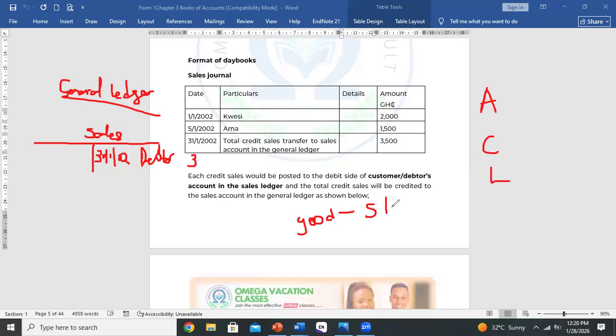I think you can tell me the effect it will have on this equation. Asset equals capital plus liability. When you sell goods, let me write a transaction here, and then maybe you tell me the effect, because it's based on the effect you can know whether to debit or credit. So sold goods to say, let me type that one so that you can follow.